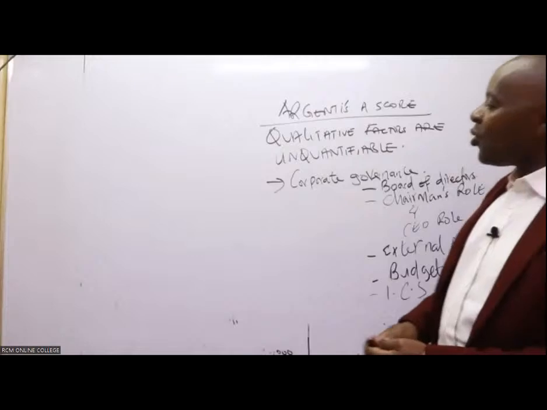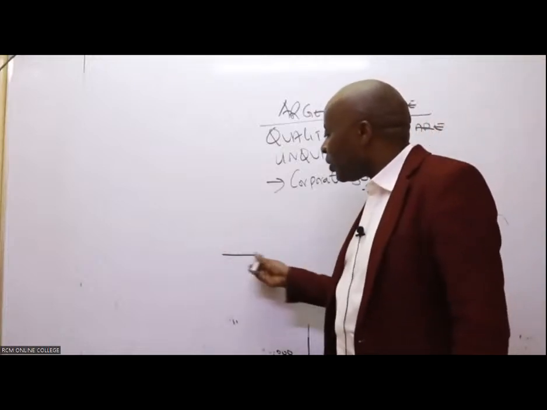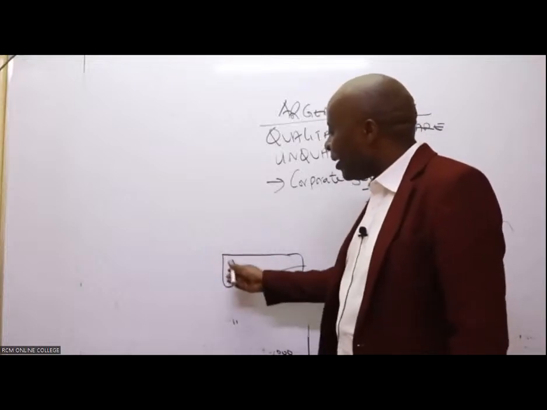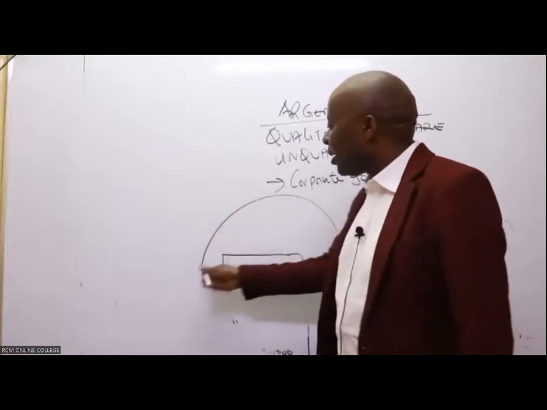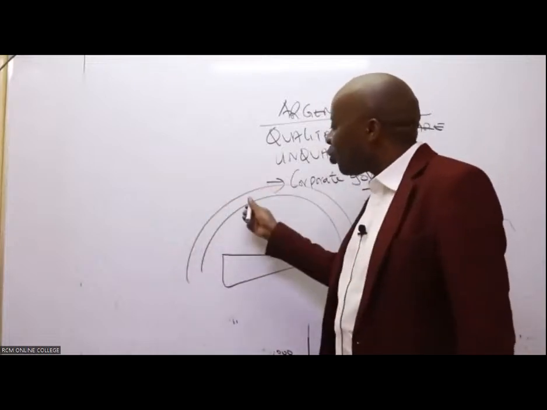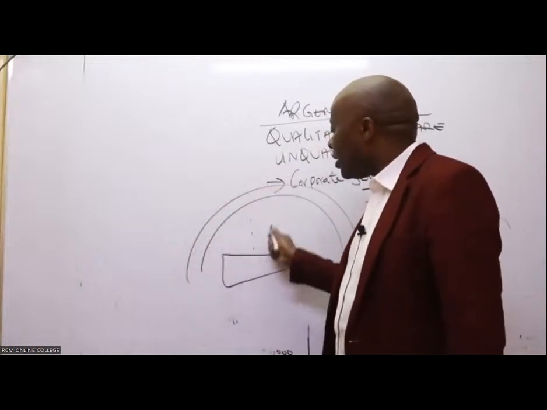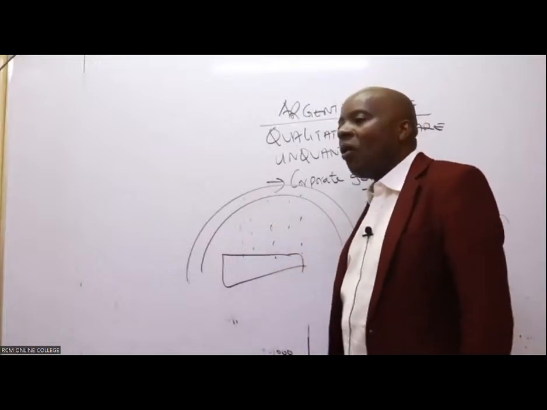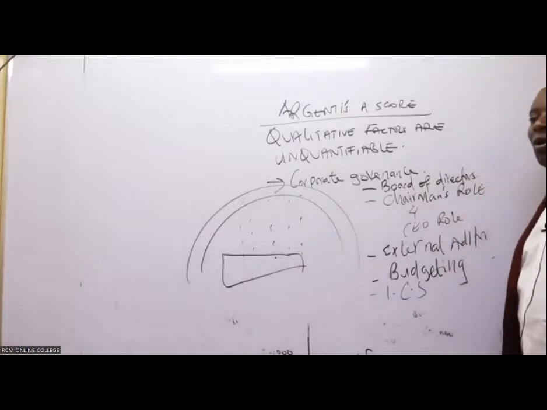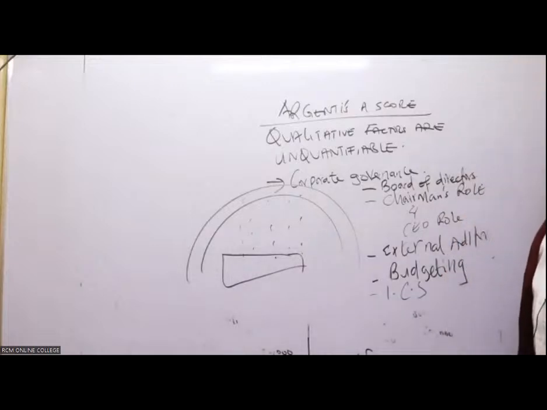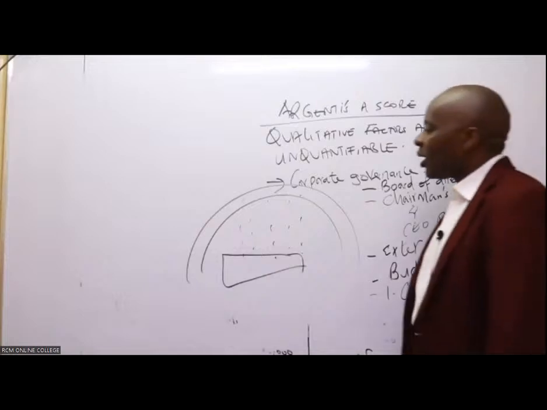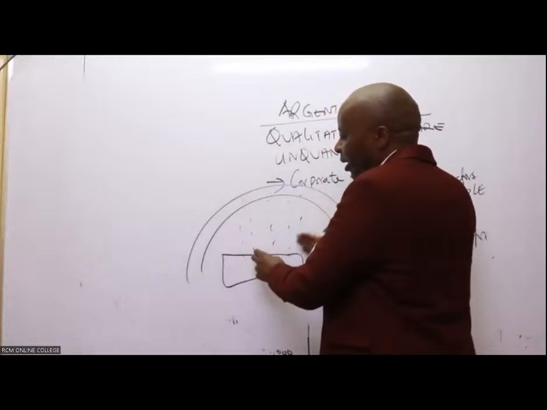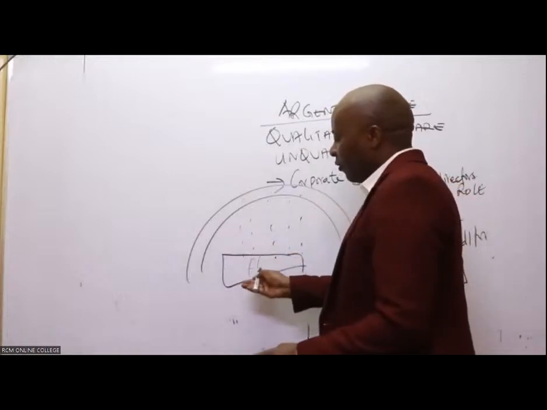Remember, internal control systems are those systems that we put in place. If this is the company, we put some kind of an umbrella to ensure that this organization is not rained on, so that as the rainfall comes, the umbrella protects the company's financial statements from being rained on.